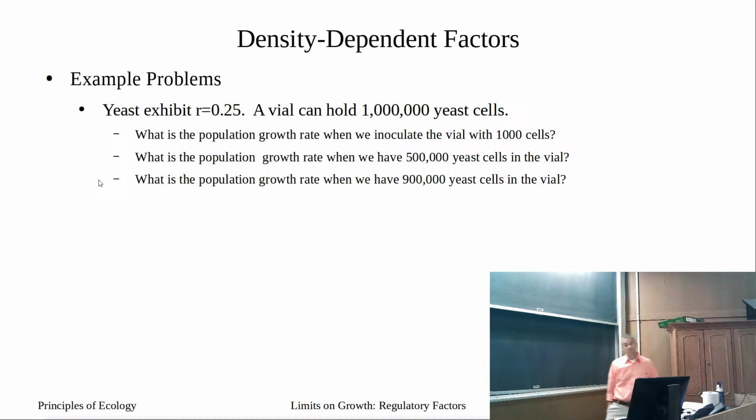And I asked you to have answers for these next two. So let's go through them. So what is the answer for this second one? What is the population growth rate when we have 500,000 cells in our vial? What did you get? How many actually did it?